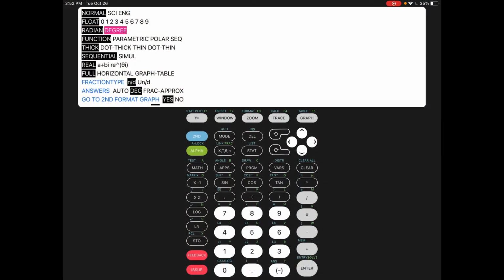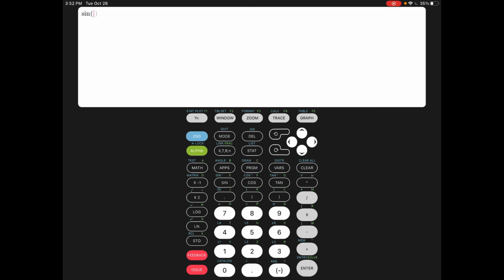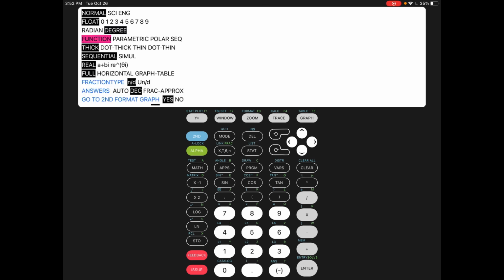For my first question, I need to make sure I'm in degree mode. And now I'm just going to type in the sine of 47. Find out that it's 0.731. The next one was a tangent question, but it was in radian mode, so let me put that in.